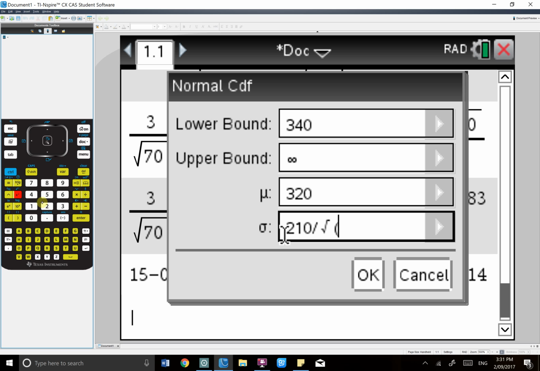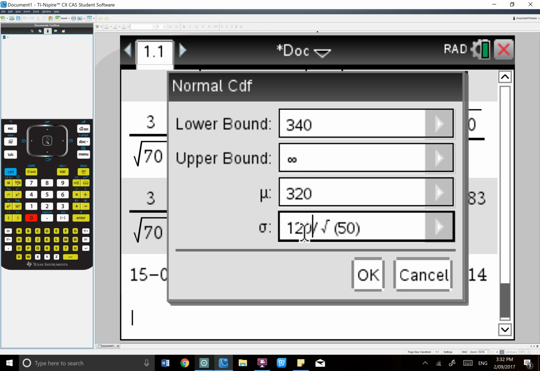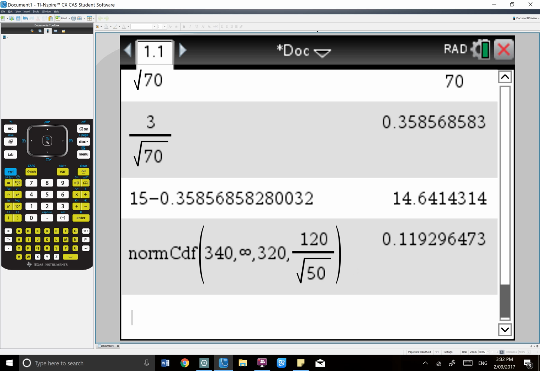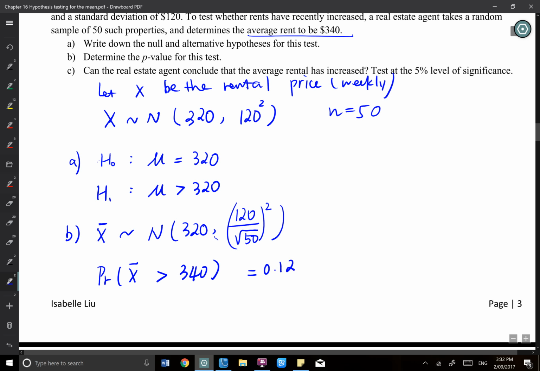Over the square root of n. Okay, so the p-value is 0.119, about 0.12.